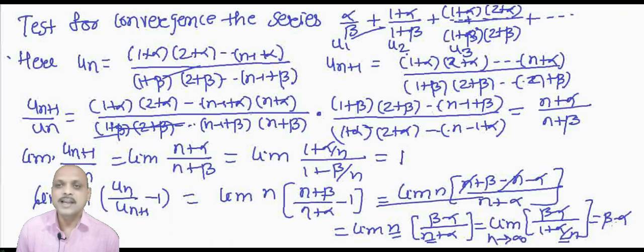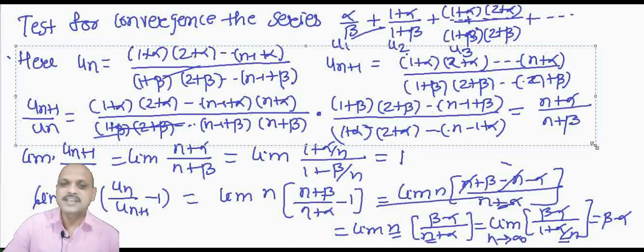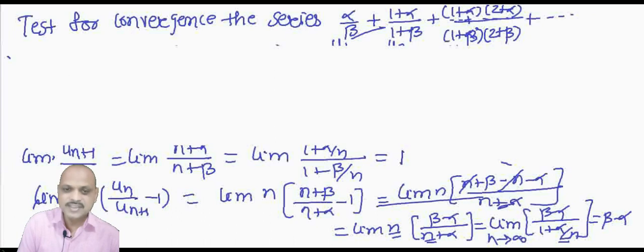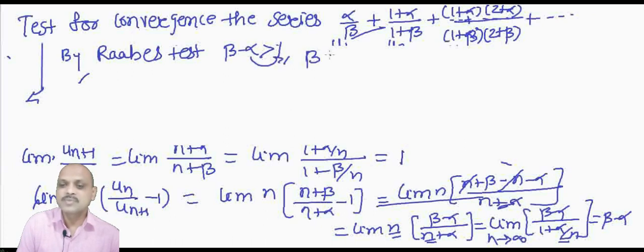Now we know that whenever L is greater than 1, by Raabe's test the series converges. What is the limit here? You can see that the limit is beta minus alpha. So by Raabe's test, when beta minus alpha is greater than 1, the series converges, that is, transferring terms, beta is greater than 1 plus alpha.